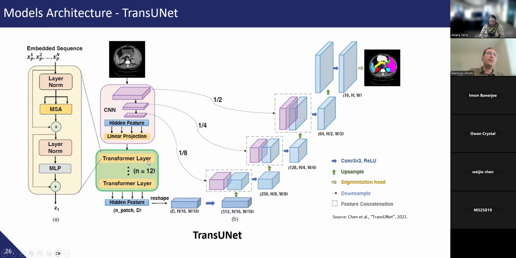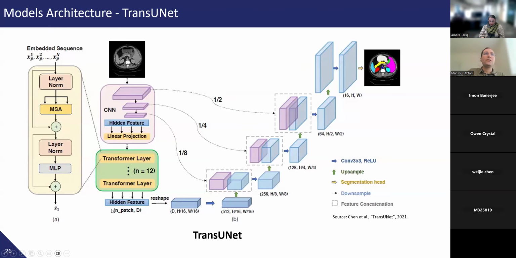It has 12 transformer layers, each with a multi-head self-attention module that processes the key, query, and value. Then it's given to the multi-layer perceptron layer. And we have 12 of these modules in the vision transformer model.